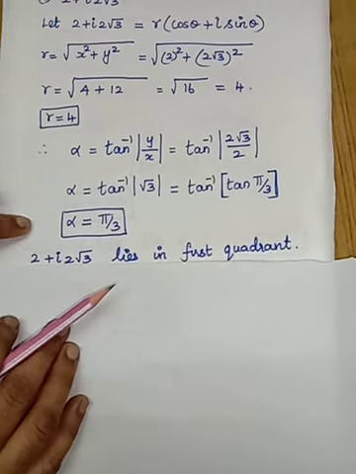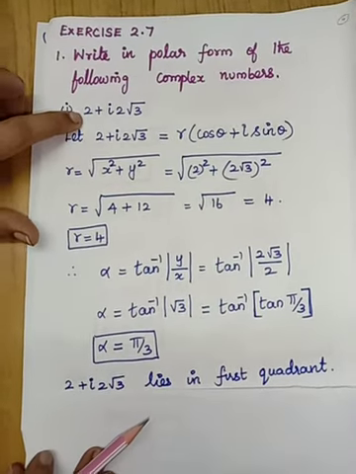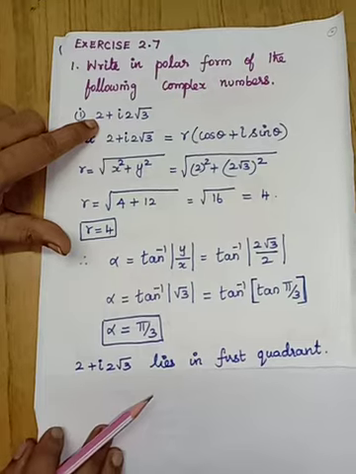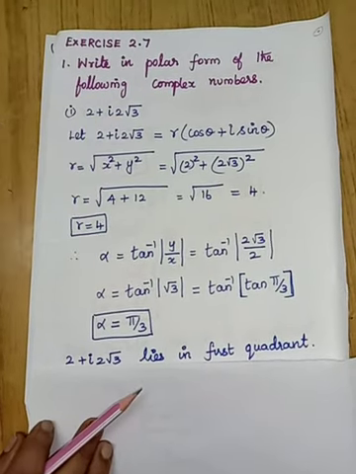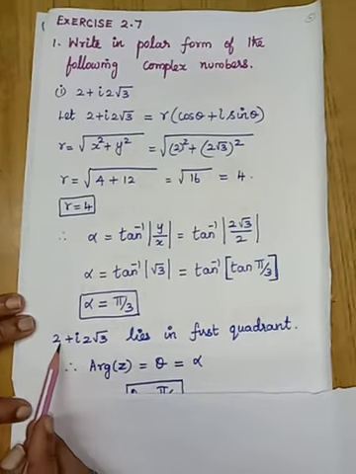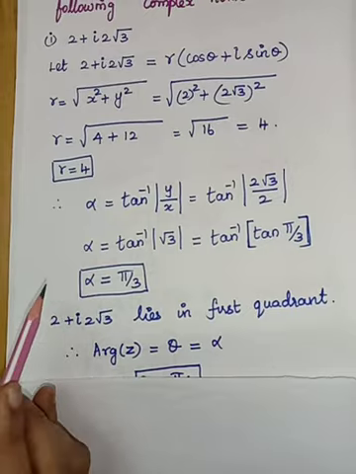Next you have to find in which quadrant this complex number lies. The real part is positive and the imaginary part is also positive. So it lies in the first quadrant. So 2 plus i 2 root 3 lies in the first quadrant.